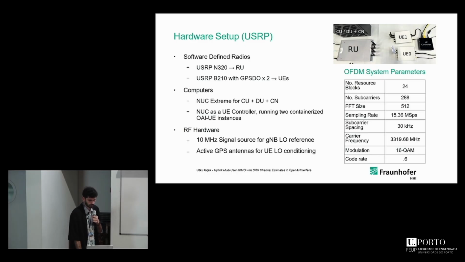And we had the 10 megahertz signal source and the GPS antennas for the synchronization. Currently we run this with 10 megahertz bandwidth, so a 15.36 mega sampling rate with the usual 30 kilohertz subcarrier spacing at 3.3 gigahertz. We support up to 16 QAM at the moment, but the work is ongoing to support higher rates.